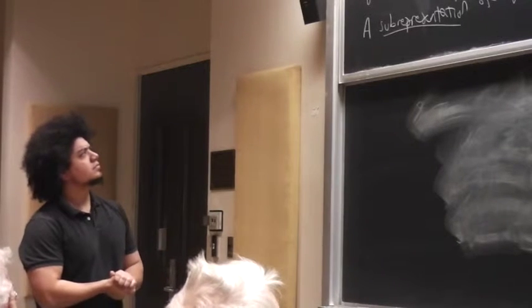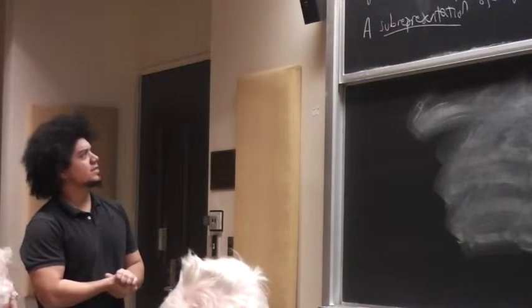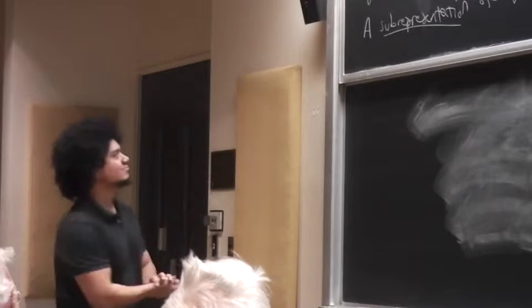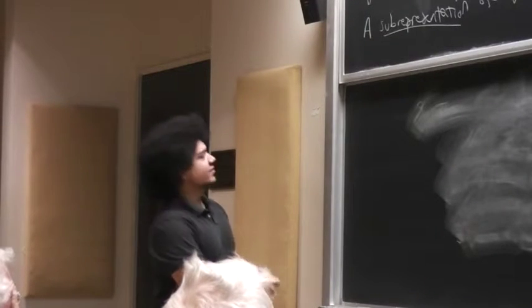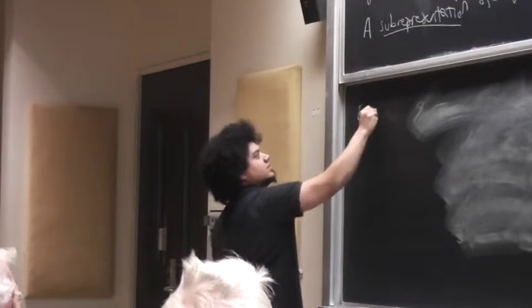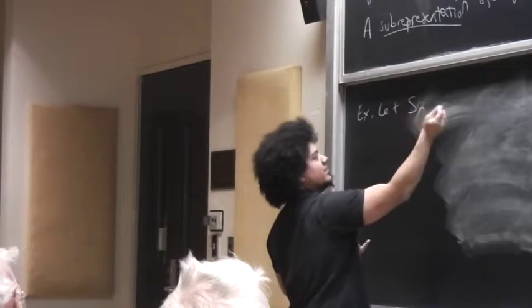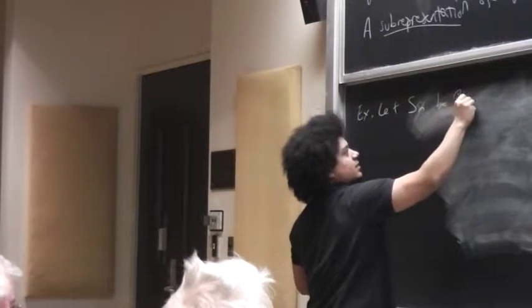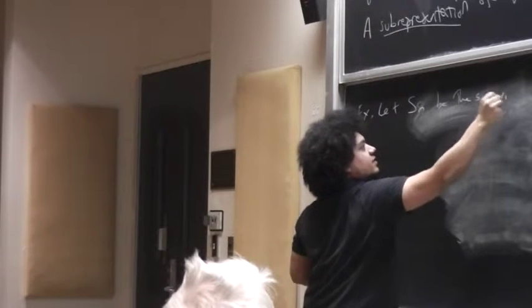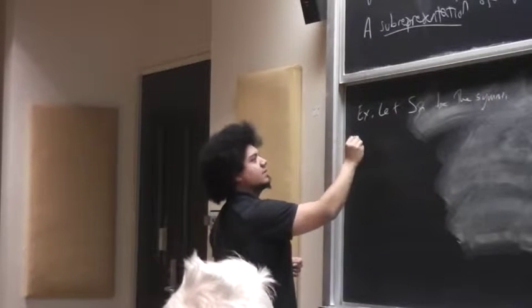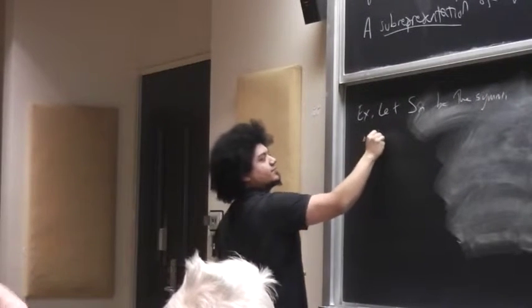So, let me give you a quick example of a representation. In this case, I'll give you an example of a representation of Sn. So let Sn be the symmetric group on n letters. We'll be looking at the symmetric group a lot.